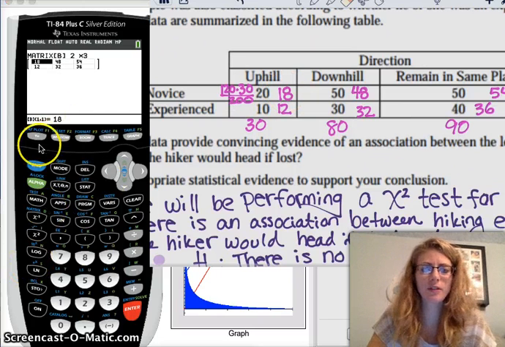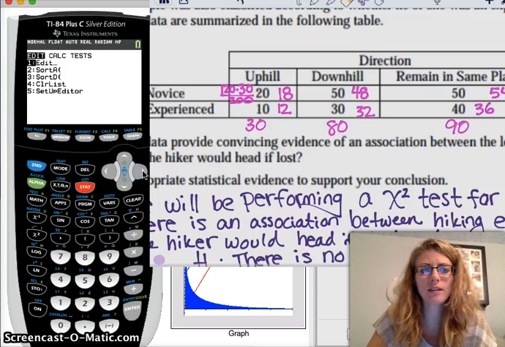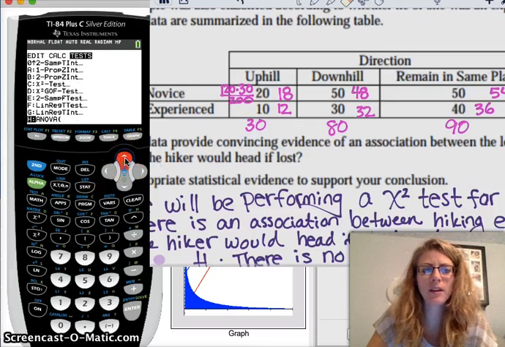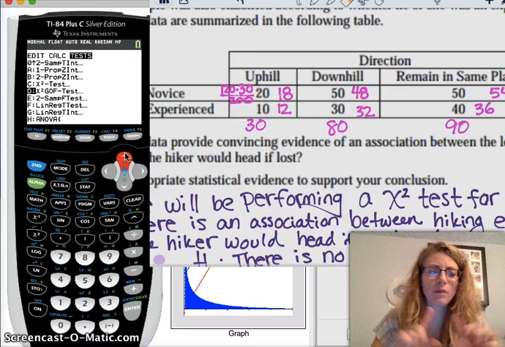All right, so then all we have to do is actually calculate our test statistic. So I'm going to go to stat tests, maybe, if it likes me. And then I'm going to go to not my goodness of fit test, because that one's just for a 1 by 1 table.